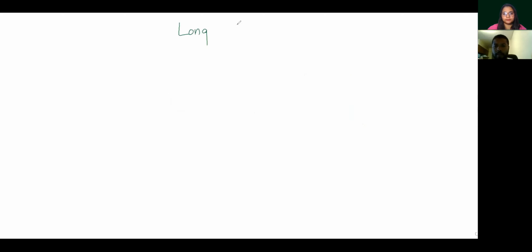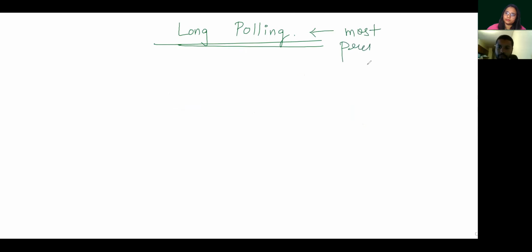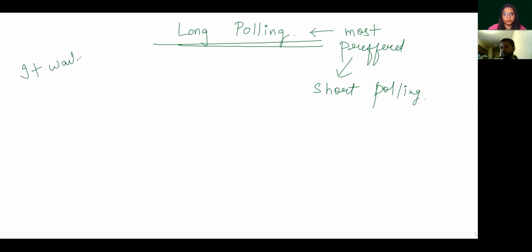So, long polling. See, it is the most preferred one. Rather than using short polling, people usually prefer long polling. And what it does, first of all, it waits, as I told you.